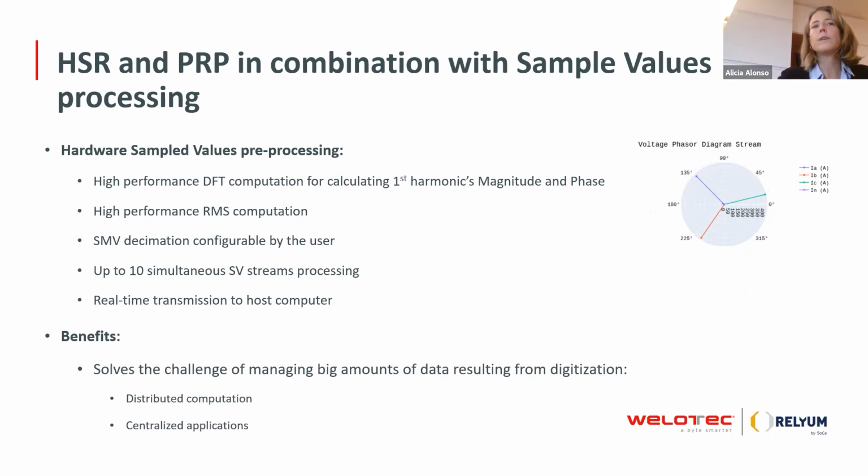It can also calculate the root mean square of the wave of the electric signal that is received in the sample value data, and it can implement sample value decimation, for example, for post-processing in terms of quality, when the number of sample values that are needed is much lower than the normal one, and it can do all this computation for up to 10 simultaneous sample value streams in the network.